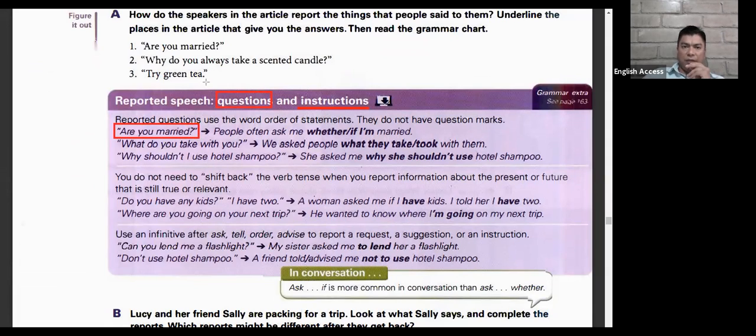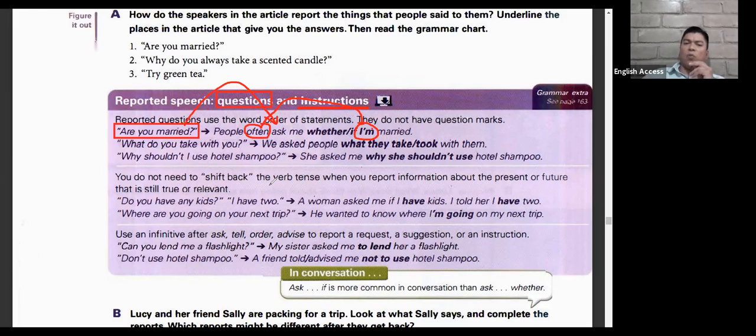Are you married? This is a common form. People often ask me whether I am married. It's in simple present. But why? Because it's something that the question itself refers to as periodical, routine, often.